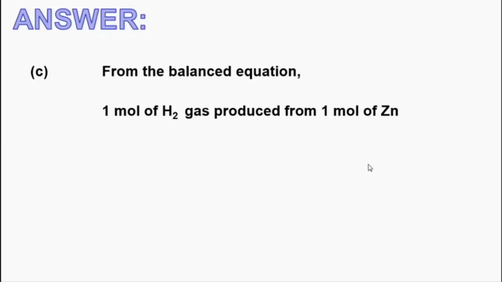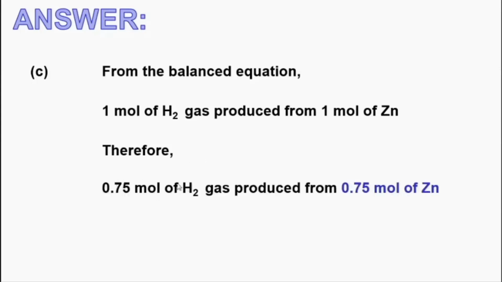However, in this reaction the mole of hydrogen gas produced was 0.75 mole. So if the reaction produces 0.75 moles of hydrogen gas, this means it was produced from 0.75 mole of zinc. Why? Because the ratio is 1 to 1, so we have an equal number of moles, which is 0.75.